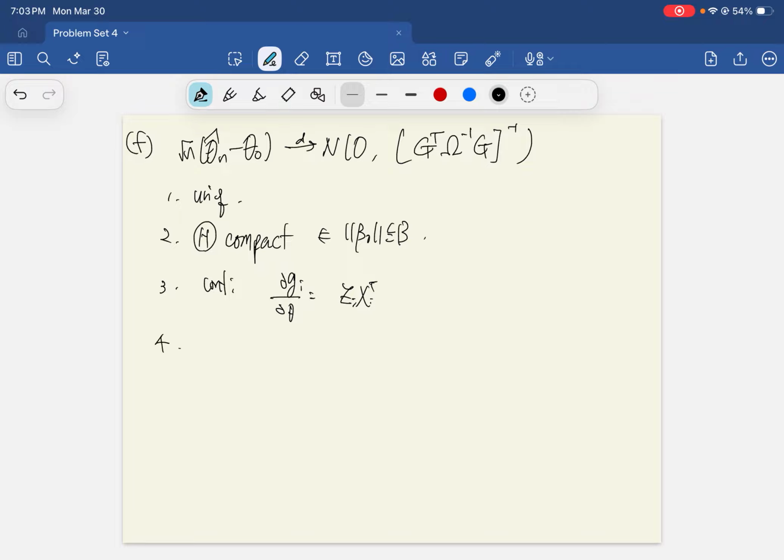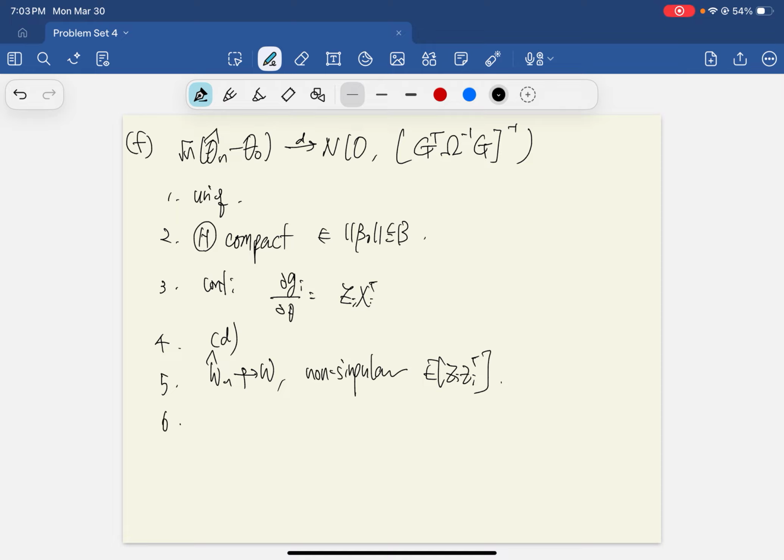And number 4, we already did in part D. And number 5, W hat converges in probability to W, and this is non-singular. That is by the assumption, right? Like E[zi zi transpose] should be non-singular. And number 6, G is rank K. We proved it. And number 7, omega, we already derived it. So all the assumptions are satisfied.